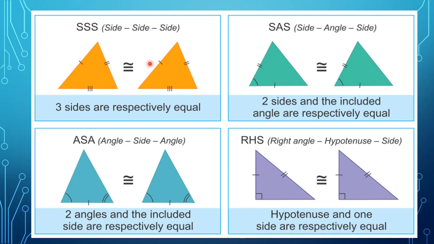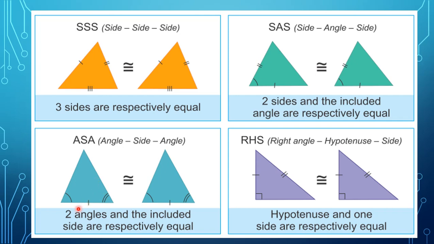We can observe this in the figures. In the first figure, the corresponding sides are equal, so it is the SSS congruence condition. Here, two sides and the angle they contain, the included angle, are equal to the two sides and included angle of the other triangle, so these two triangles are congruent.